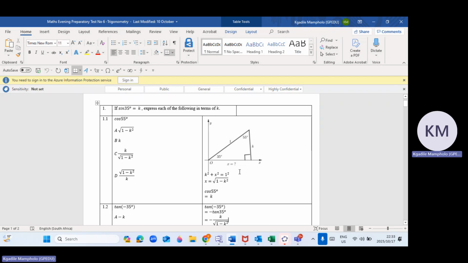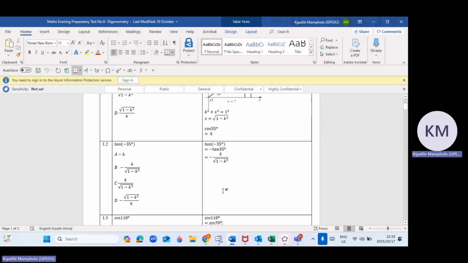Then you calculate x by applying Pythagoras, and you find that x is the square root of 1 minus k squared. Now, what is cos 55? Remember, cos 55 is the same as sine 35, so it will still be k.